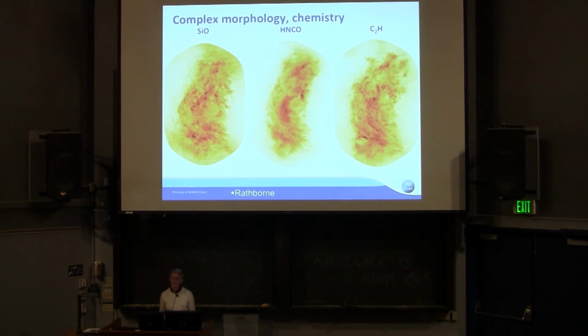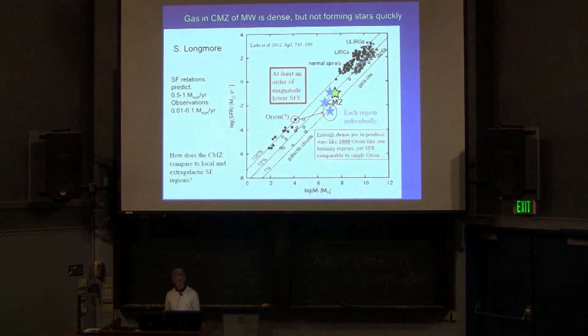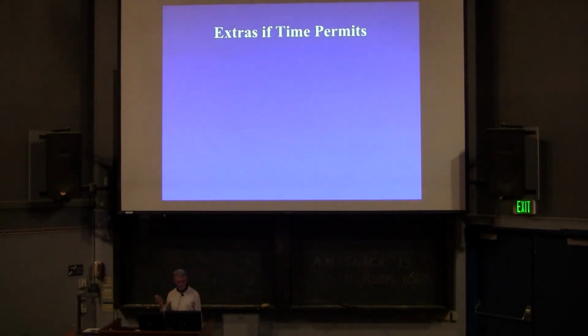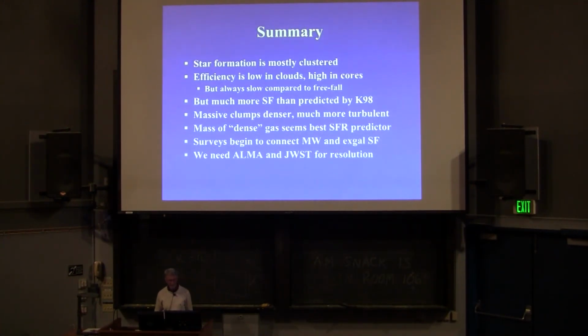And Paul and Simon have some suggestions about this, which I think you mentioned the other day. So this says that we will be getting some better observations of this region. Okay, so let me go back to my summary, and I'll just stop there and see if you have questions.